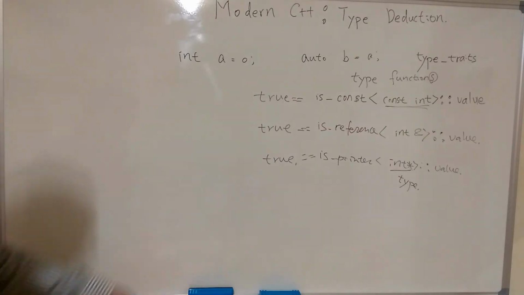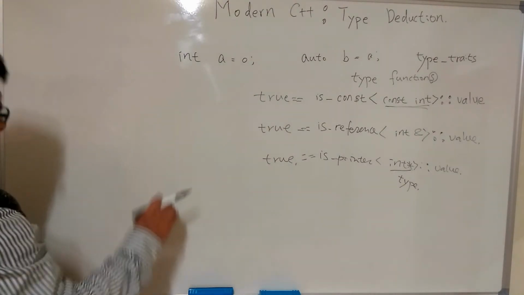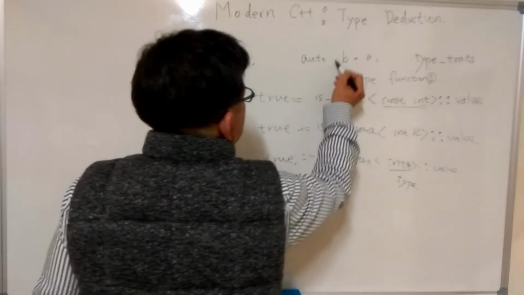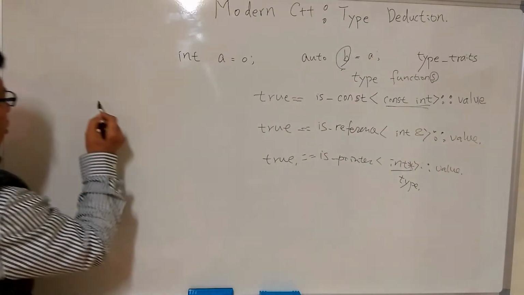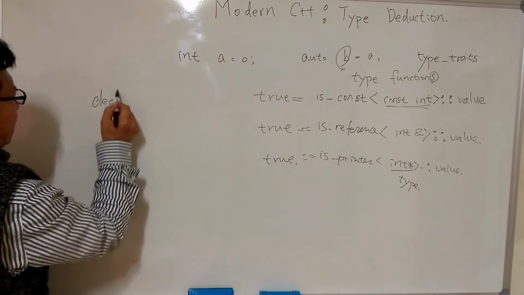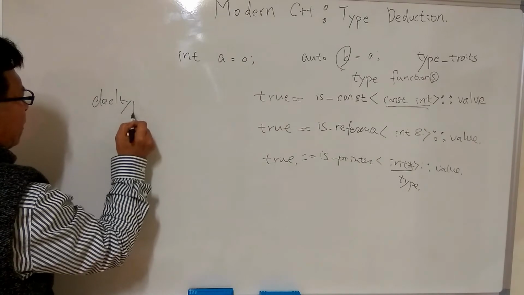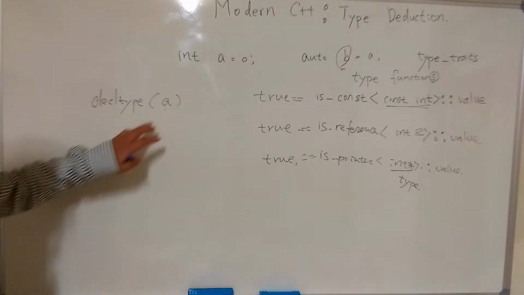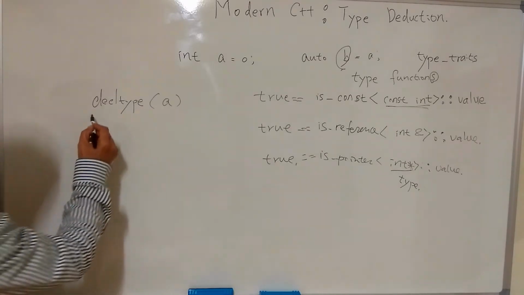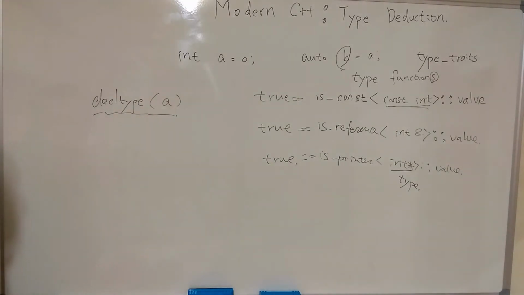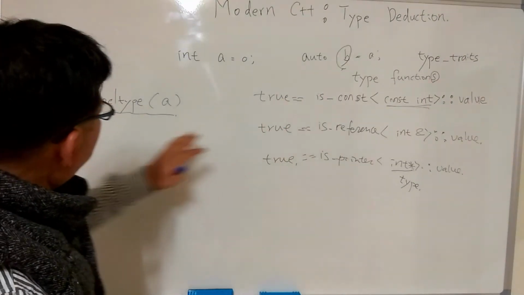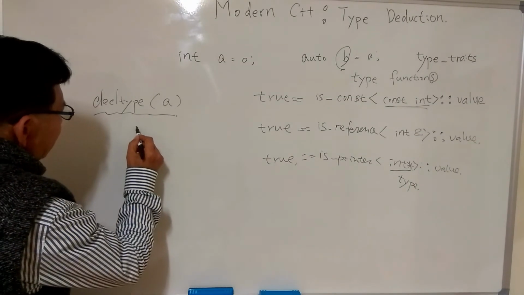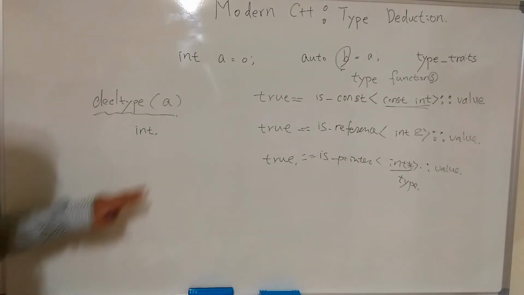And another feature, in this case, is that we can also use decltype. decltype of a, this is an expression, will return a type. In this case, it will be type int, for example.